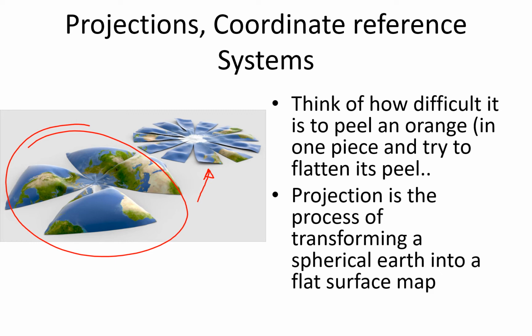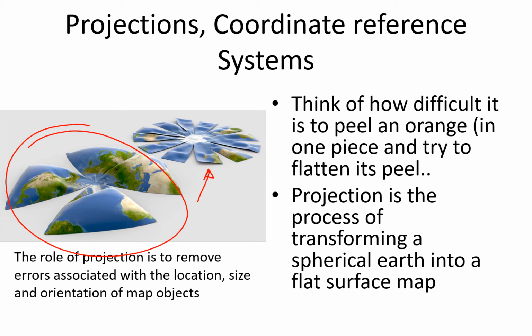Because when we make presentations, we normally present our maps or our raster images on a flat piece of paper or a computer screen. Now we need to find some way to project the spherical object, because the Earth is mostly spherical, so that it can fit onto our flat surface presentation.